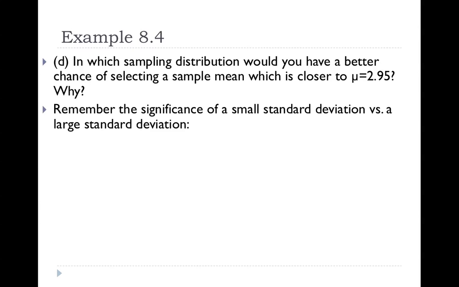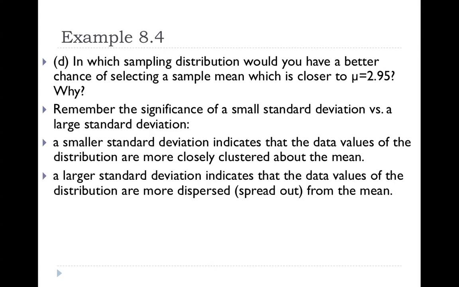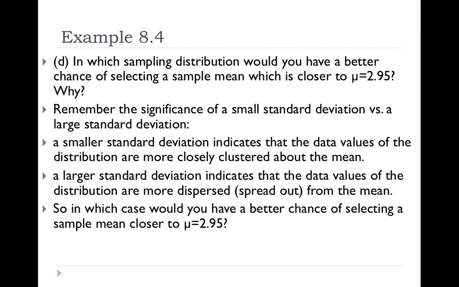And why? So let's review the significance of a small standard deviation versus a large standard deviation. A smaller standard deviation indicates the values are more clustered about the mean. A large standard deviation indicates that the data values are more dispersed or spread out away from the mean. So in which case would you have a better chance of selecting a sample mean closer to mu equal 2.95?